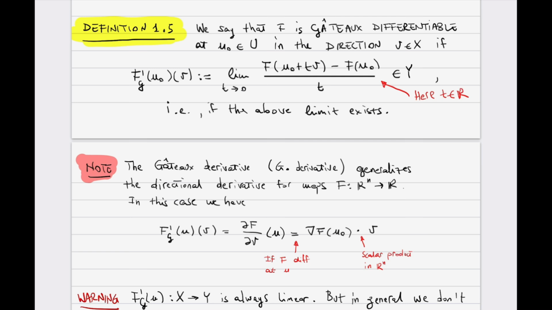Remember that in Euclidean spaces, this is defined to be the directional derivative basically. And sorry, this is a bit unreadable.